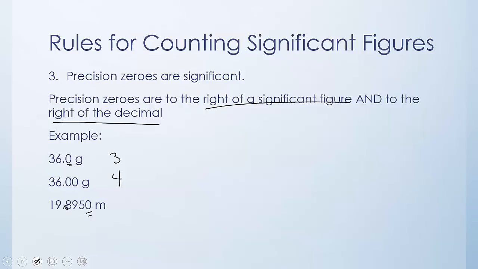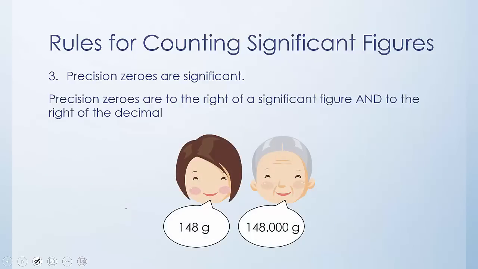So if we count that up, that's going to be 6 significant figures. And now we can think back to our friends who took the mass of this baseball to be 148 and 148.000 grams. and we can see that her measurement had 6 significant figures, while this friend with the brown hair, her measurement only had 3.